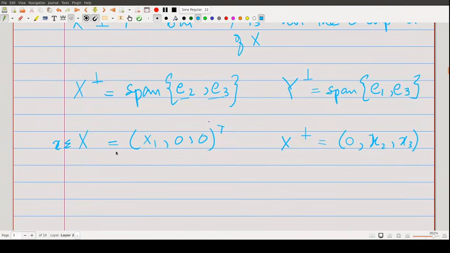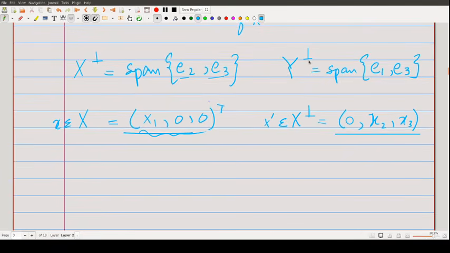And notice, if you take any vector of this form, let's call this x prime, that belongs to the X complement, and you multiply it with any vector of the other form, the result is definitely going to be 0. And so you can check for Y and Y complement as well.